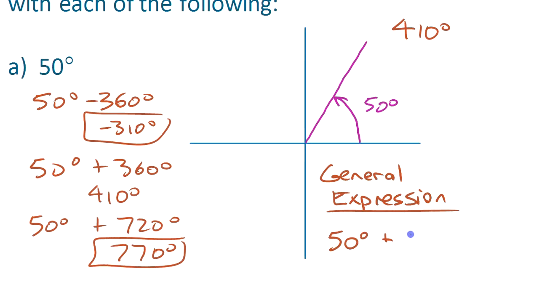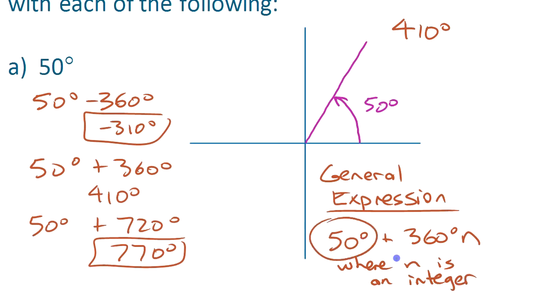I'm going to put 360 degrees times n, right? So some number, except for it to be a multiple, that has to be a whole number, or an integer, in fact. So I'm going to put where n is an integer. All right, so your starting point plus multiples of full turns there.